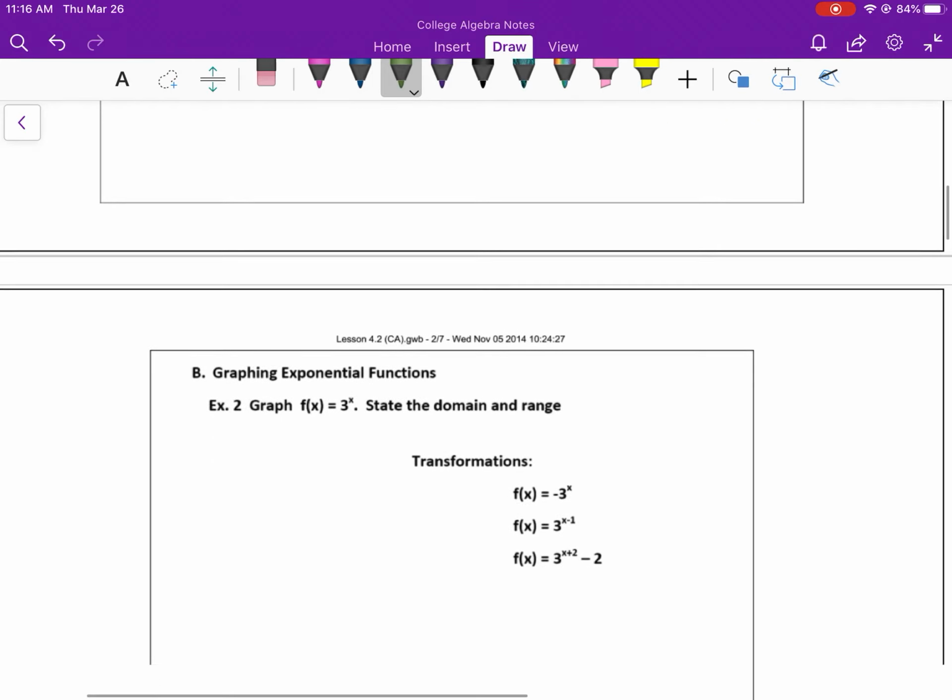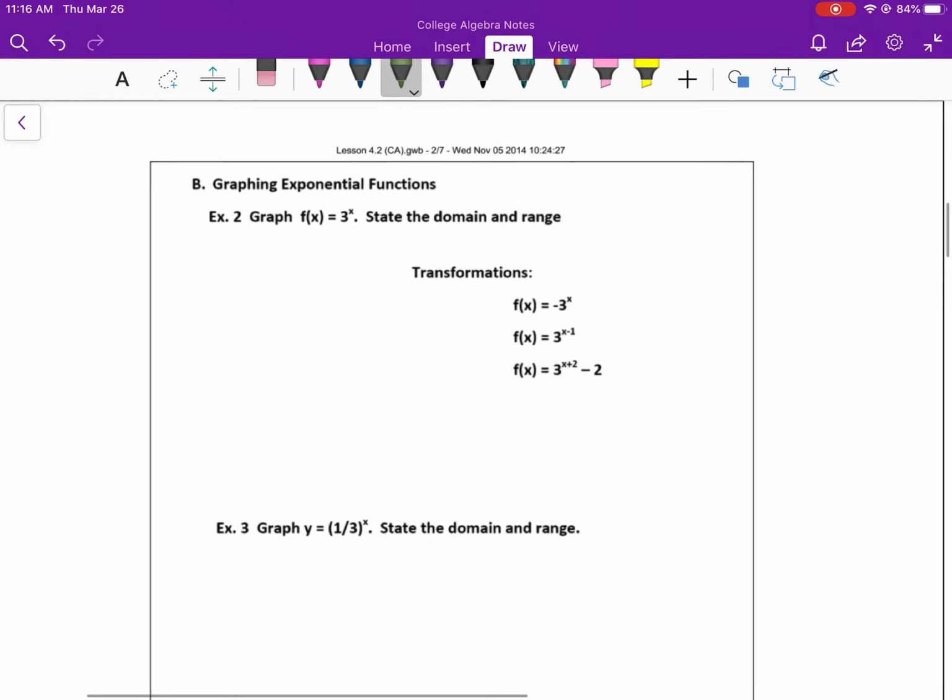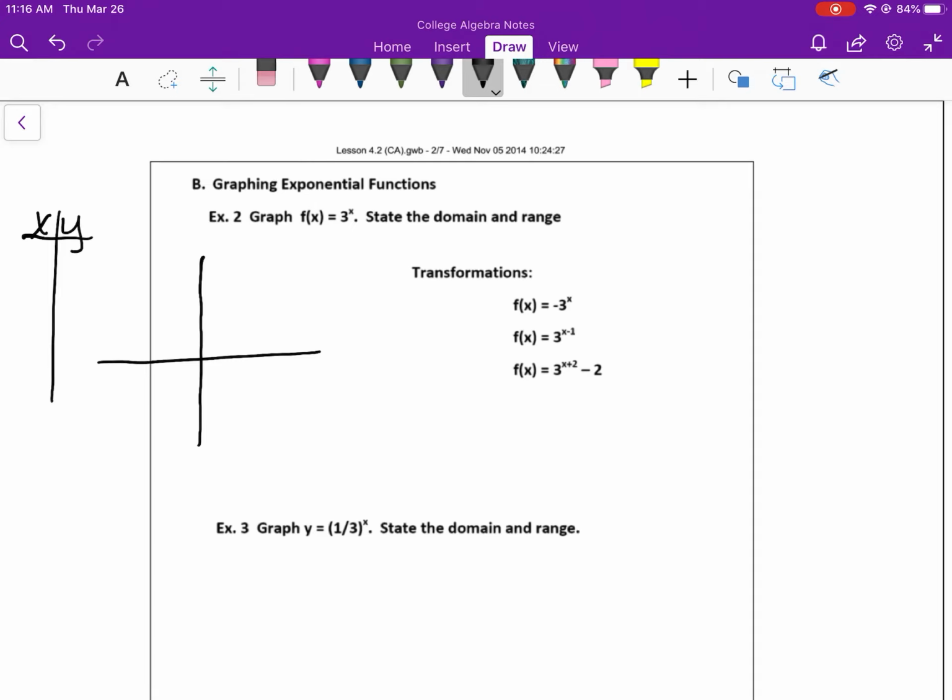Moving on. We're going to work on graphing exponentials in this lesson as well. So if I want to graph 3 to the x, what I'm going to be doing is setting up an xy table. I'm going to start with 0, and 3 to the 0 is 1, 3 to the first is 3, 3 to the second is 9.